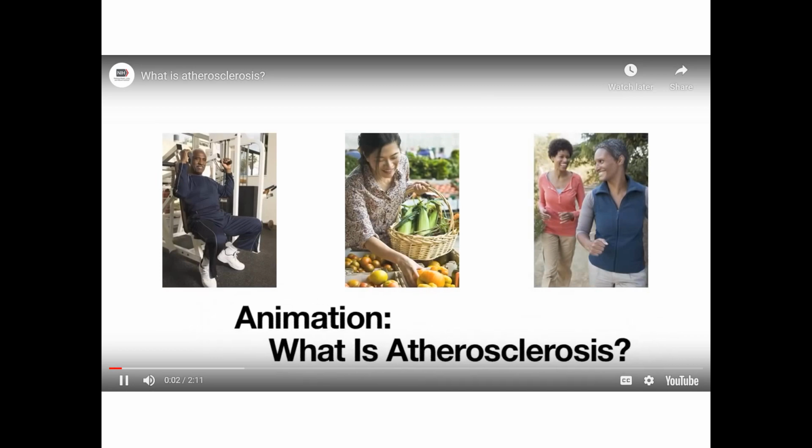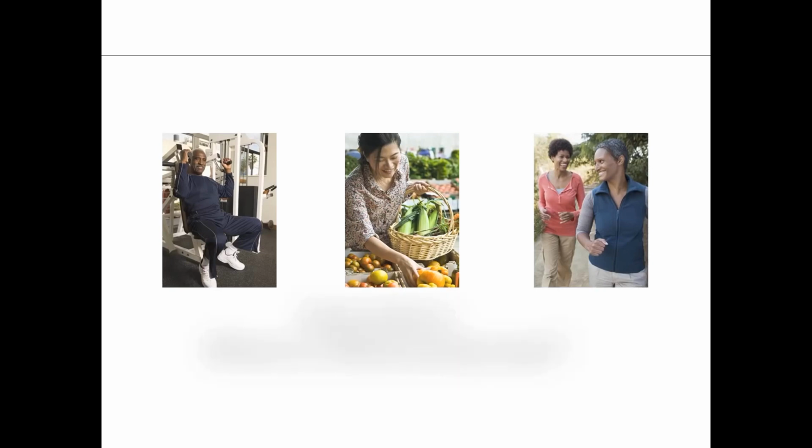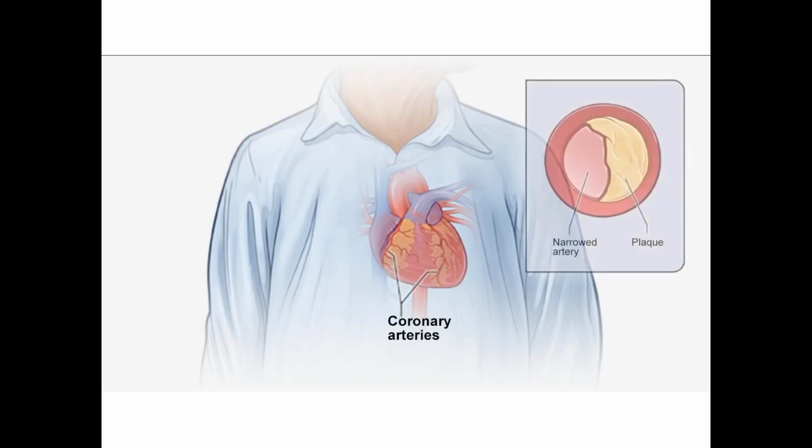In the United States, coronary heart disease is the number one cause of death for both men and women. Coronary heart disease is a disease in which a waxy substance called plaque builds up inside the coronary arteries, which supply oxygen-rich blood to your heart. The buildup of plaque over time causes a hardening and narrowing of the arteries called atherosclerosis.